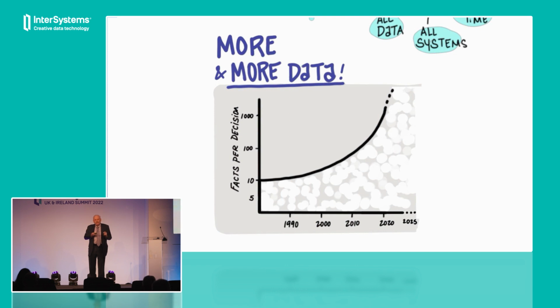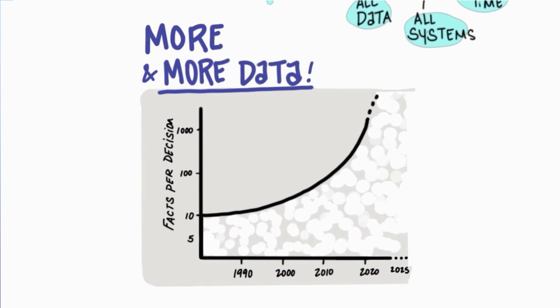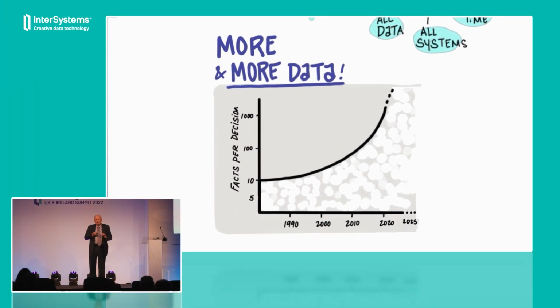And he estimates that in 1980, there were about 10 facts per complex decision, and in 2020, 1,000 facts per complex decision. So it's increasing exponentially. And I would say that not all decisions in healthcare are complex, but most decisions in healthcare are becoming more complex, partly because of the amount of data that has to be considered.